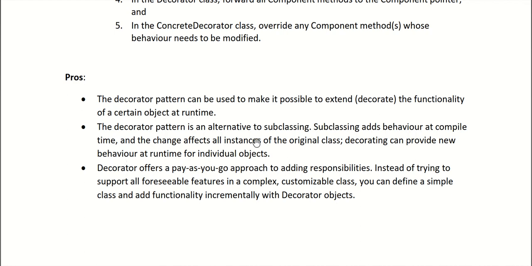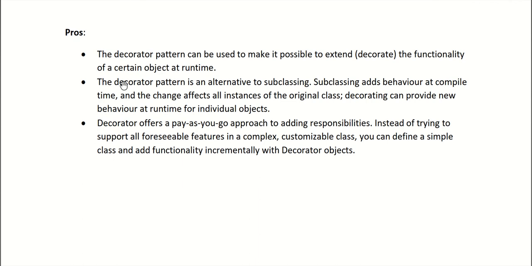The decorator pattern is an alternative to subclassing. Subclassing adds behavior at compile time and the change affects all instances of the original class, but a decorator can provide a new behavior at runtime for individual objects which you want to decorate. So subclassing is compile time, and the decorator pattern is runtime behavior addition.